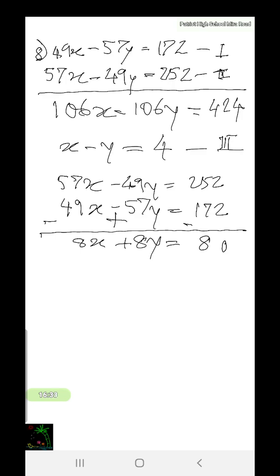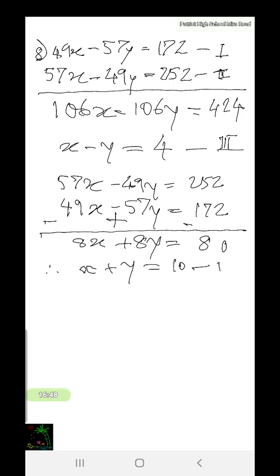So this is 8x plus 8y is equal to 80, which can be simplified by dividing it with 8. So x plus y will be 10.